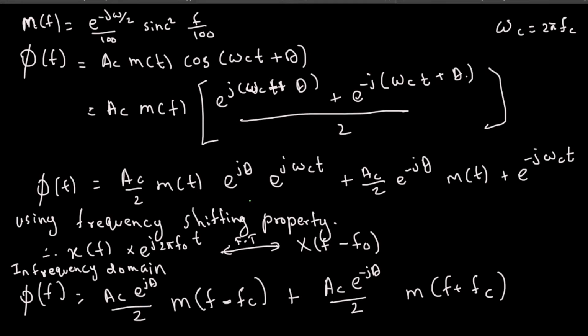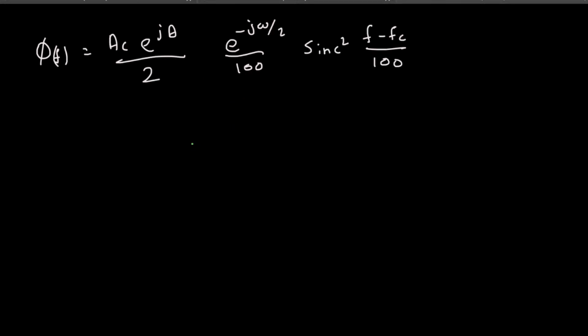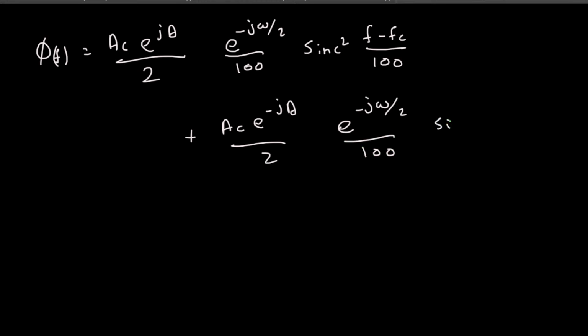Okay, and same thing on the other side, except this e power is going to be negative j theta, and also this is going to be added, with f plus fc.